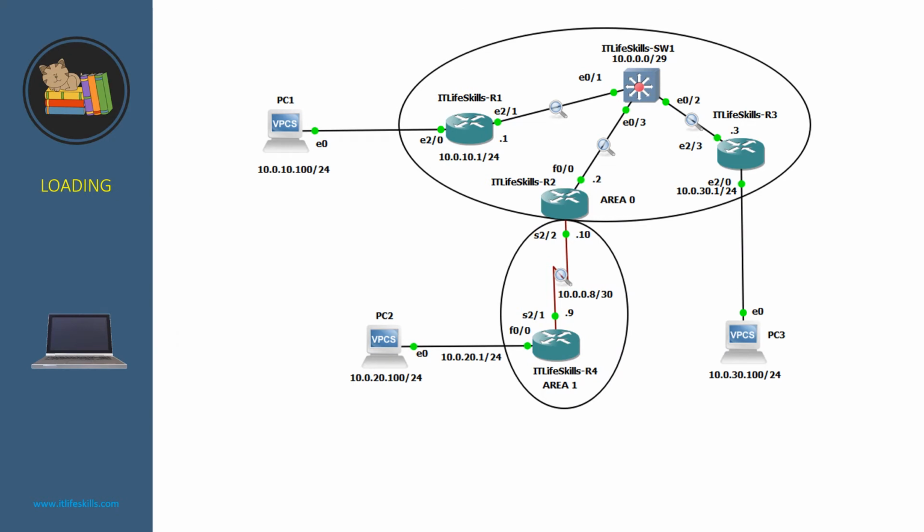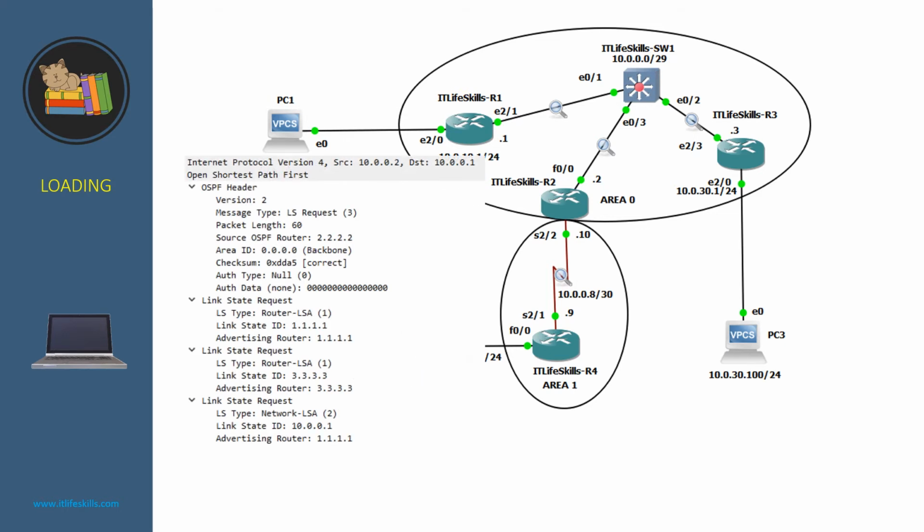After exchanging the database description packets, the two routers identify the missing information and advance to the loading stage to synchronize their link state databases. At first, the two routers start sending the link state request. Here is the link state request that router 2 sent to router 1.